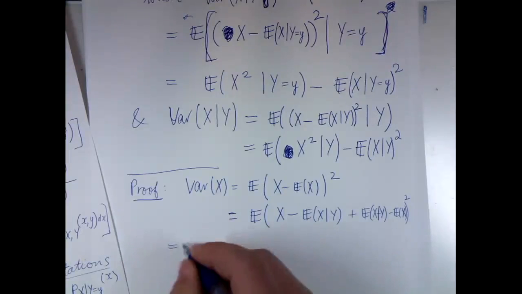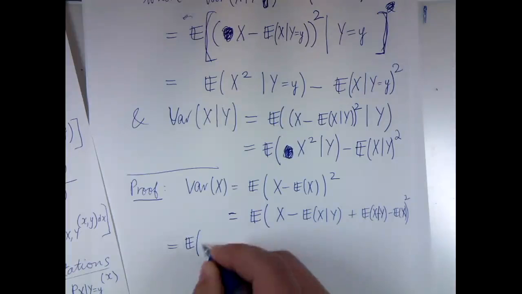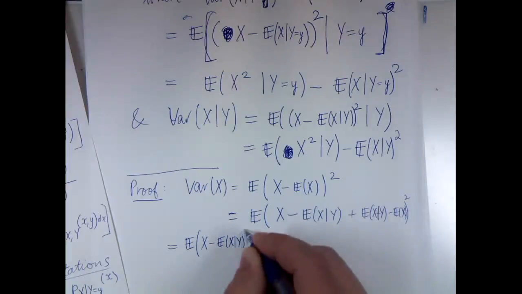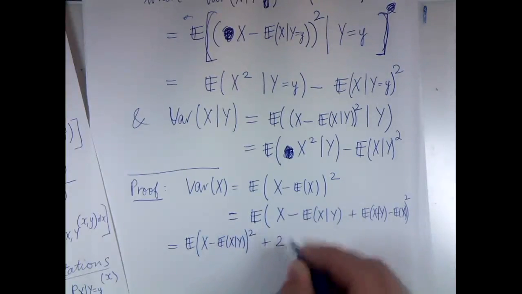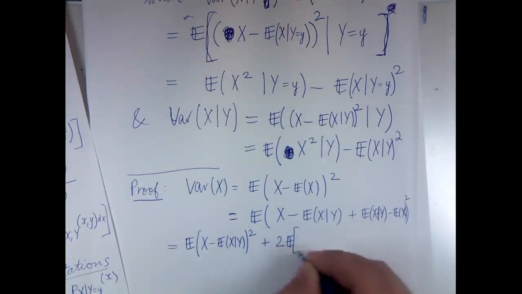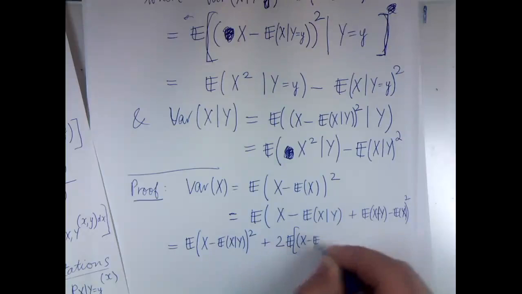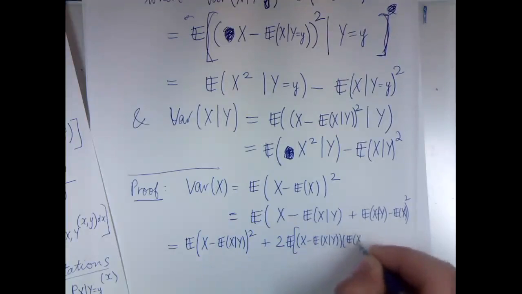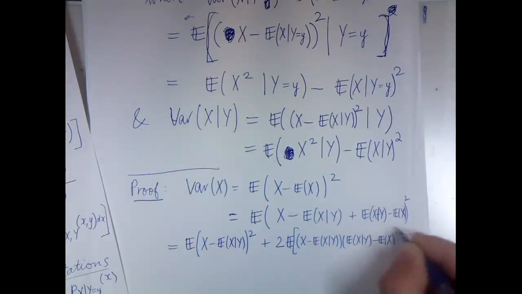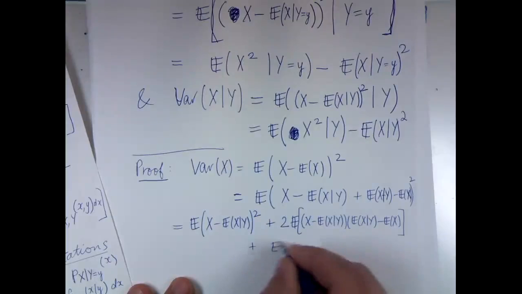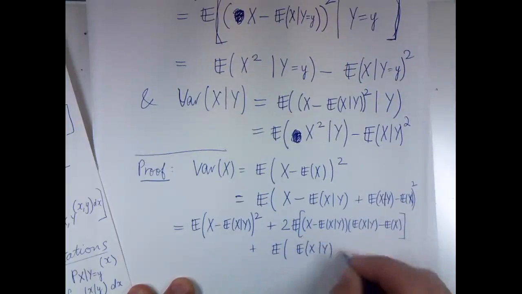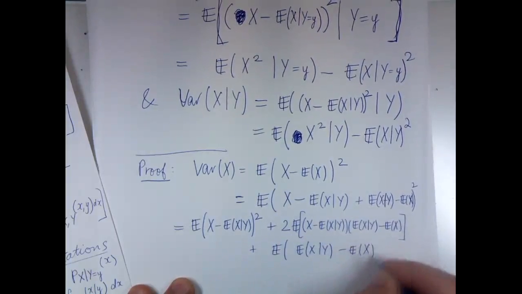So the expected value of (X minus the expected value of X given Y) squared, plus 2 times the expected value of the product (X minus the expected value of X given Y) times (the expected value of X given Y minus the expected value of X), plus the expected value of (the expected value of X given Y minus the expected value of X) squared.